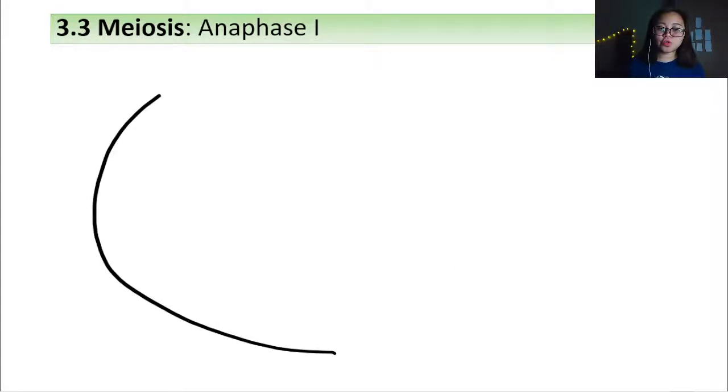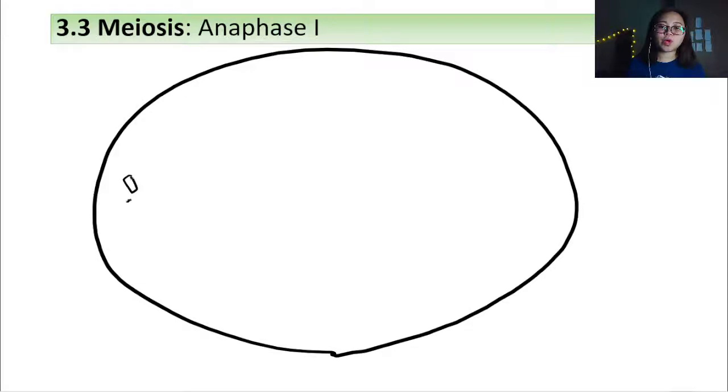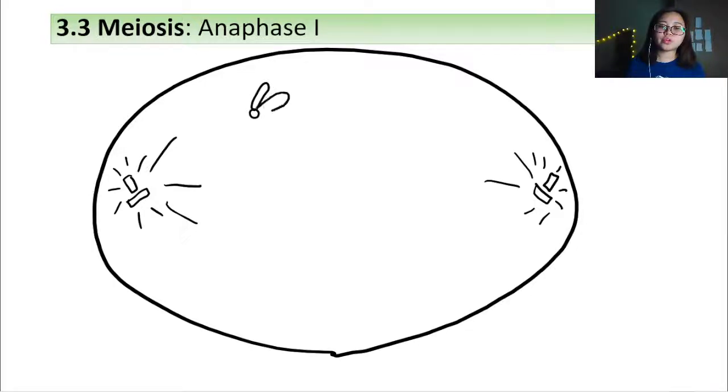Okay, let's try to draw anaphase 1. Drawing the centrosome, and we're gonna draw one chromosome being pulled to the left side of the cell. Tengok cara kita tarik ya. Jangan salah arah.